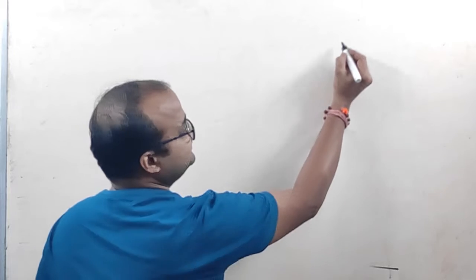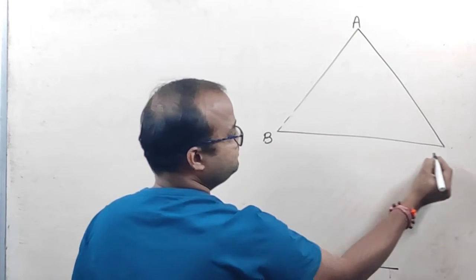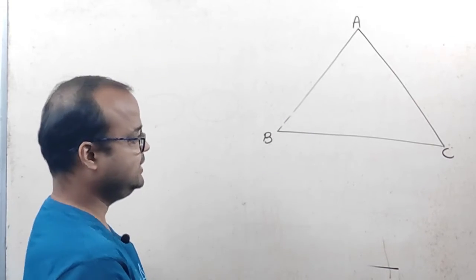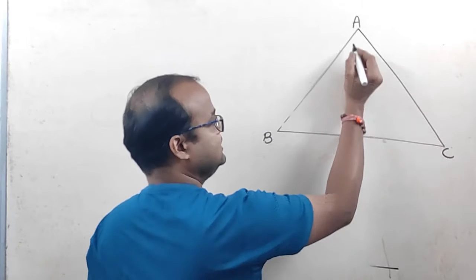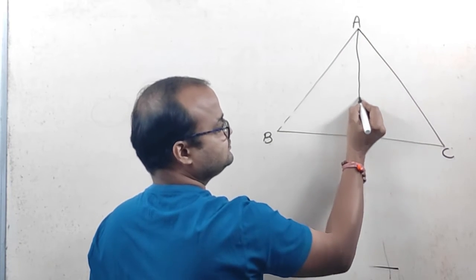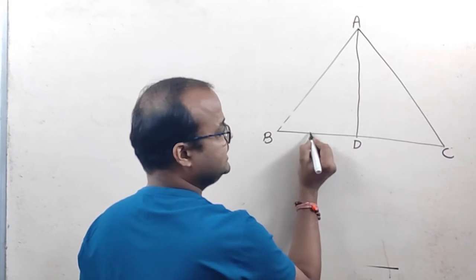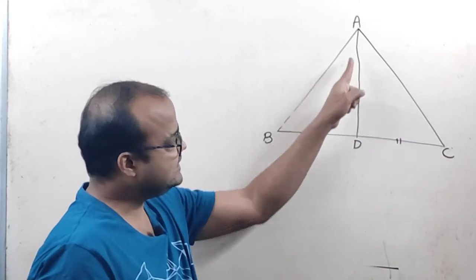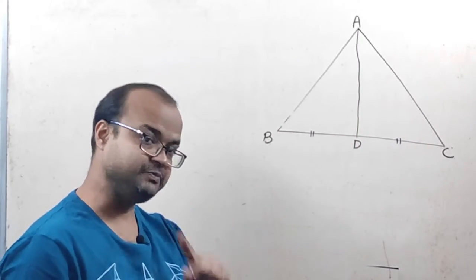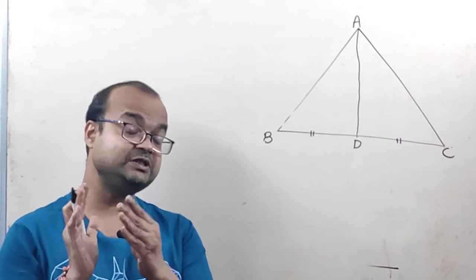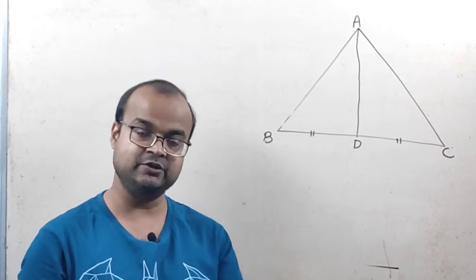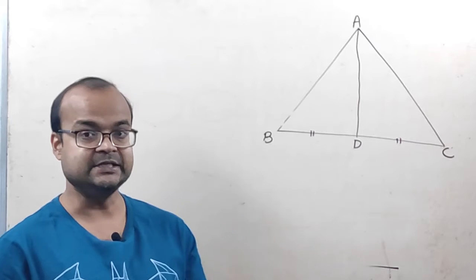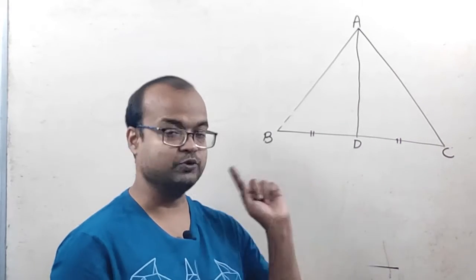So here in triangle ABC, if a line segment is drawn from the vertex A to its opposite side BC such that it bisects the side BC into two equal parts, then line segment AD is called its median. So this is the basic difference with the altitude. Altitude will be perpendicular. It may or may not bisect the side, but a median always bisects the opposite side.